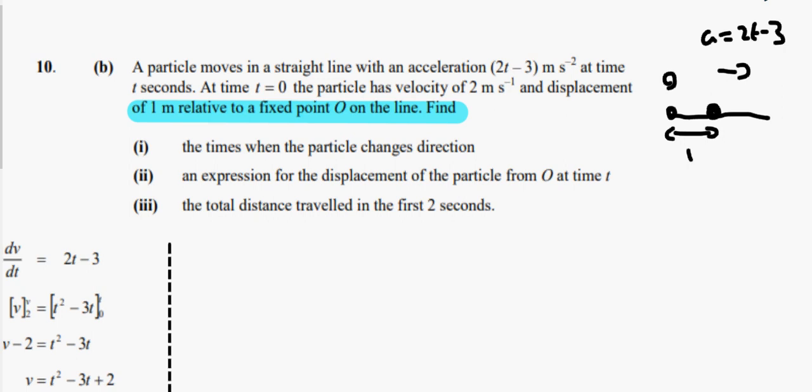Is that alright? Now, the times at which the particle changes direction. What do we mean by change direction? V equals 0, usually. Okay.